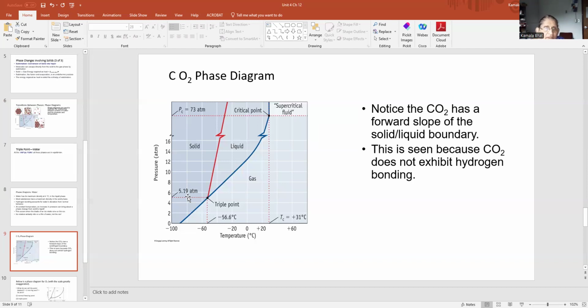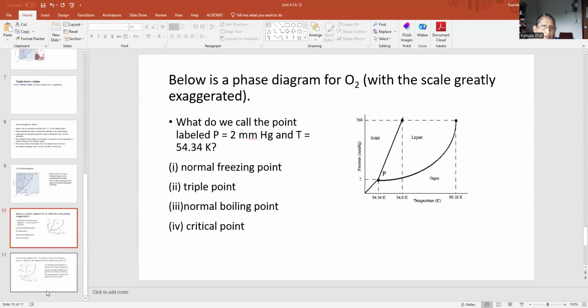And therefore we see that we can get from the plot a triple point phase diagram. It is possible to evaluate the critical point, the critical temperature, pressure, supercritical fluid state, and all the phases in between can be described by the phase diagram.